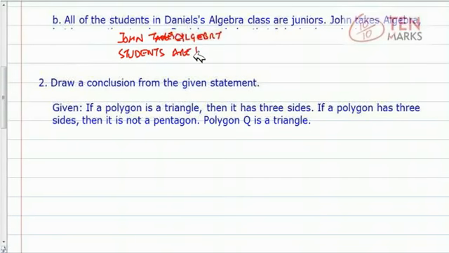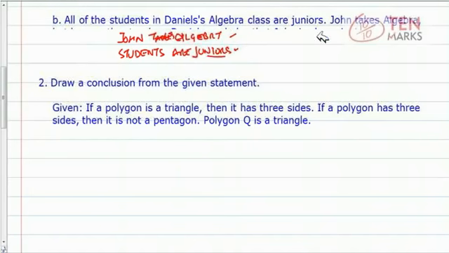These are two statements given to us, just some data sets. But it is possible that John takes algebra with the juniors, but himself is not a junior. John could be taking an algebra class with 50 juniors, but himself may not be a junior, right? That's an example that I can come up with, which basically says that John may not be a junior.